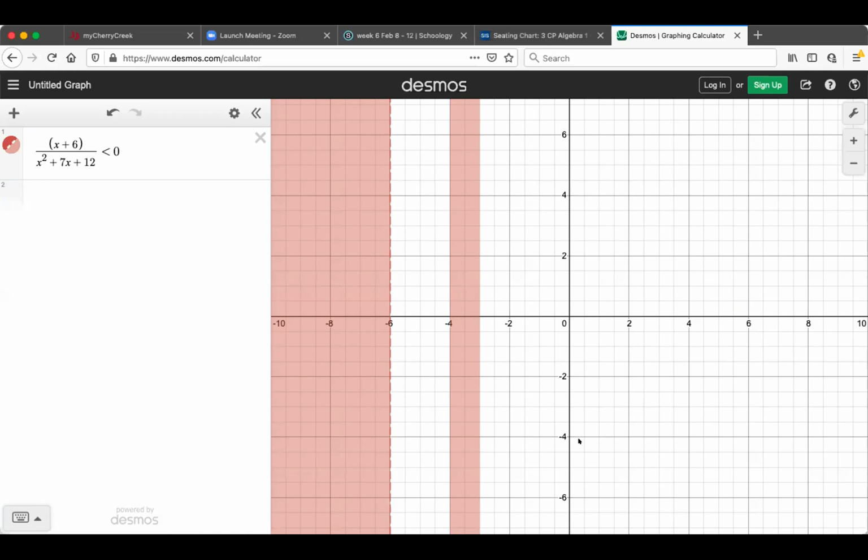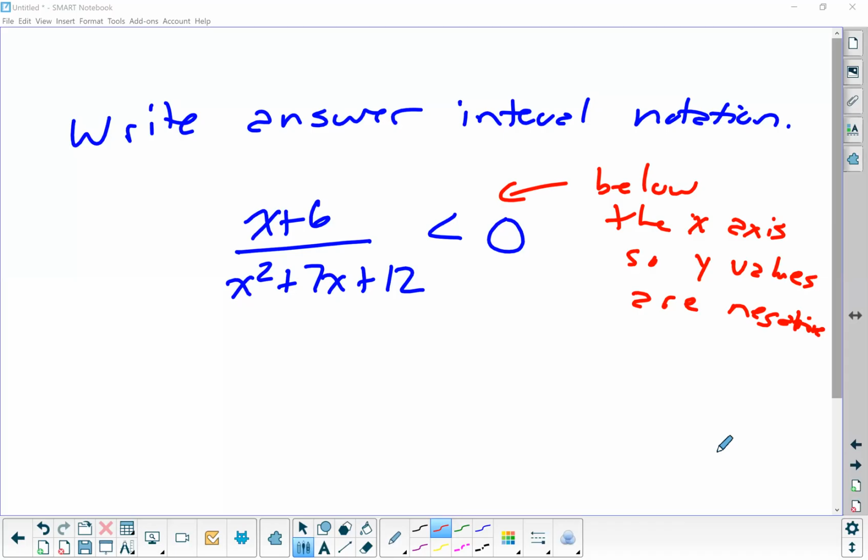Okay. I'm going to stop sharing this. I'm going to start sharing this. So that showed up. So if you had looked at your Desmos graph, where does this happen? It happens from -infinity to -6, both rounded brackets because we're not including it.